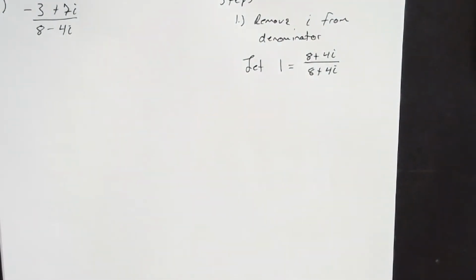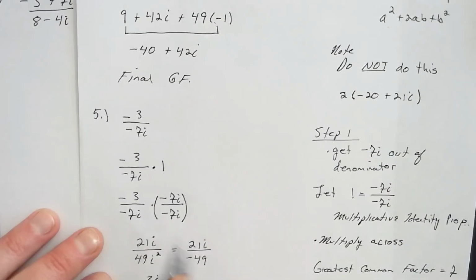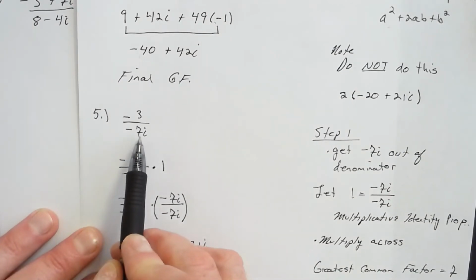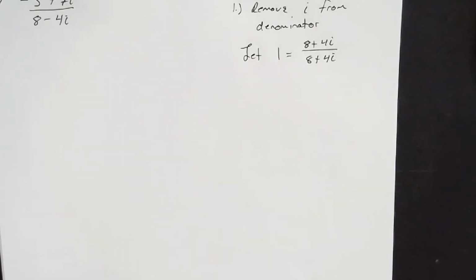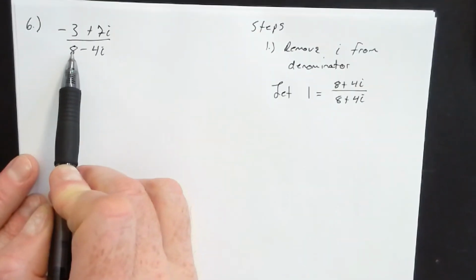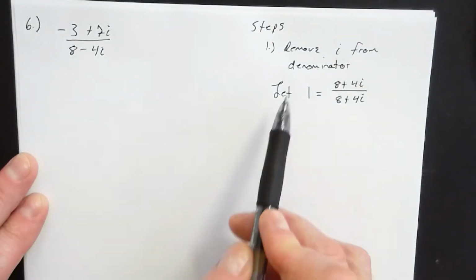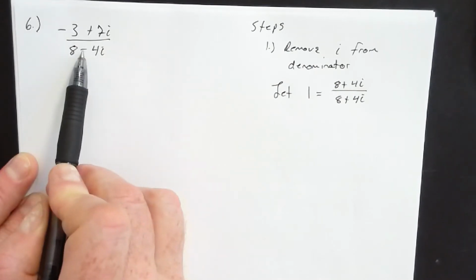So for the last one, we didn't have to worry about a sign because there wasn't a real number component. The real number component was 0. But whenever there's a non-zero real number component, you let your 1 be whatever is on the bottom with the opposite sign.